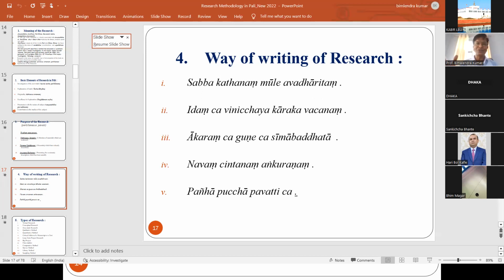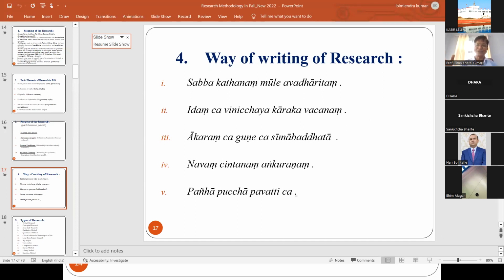The statements, interpretations or analyses which you are making in your chapters must have quality. It must be limited in size also, and it must be completed in time also.